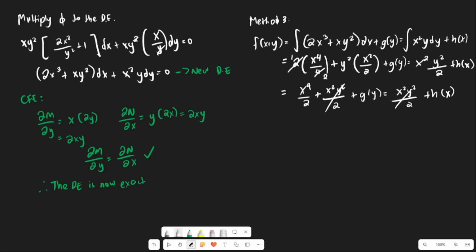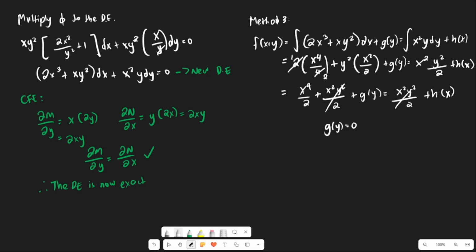Now cancel out those that are common on the left and the right side. Then whatever's left is equal to that function. So in this case, g of y is equal to, besides h of x, we only have 0.